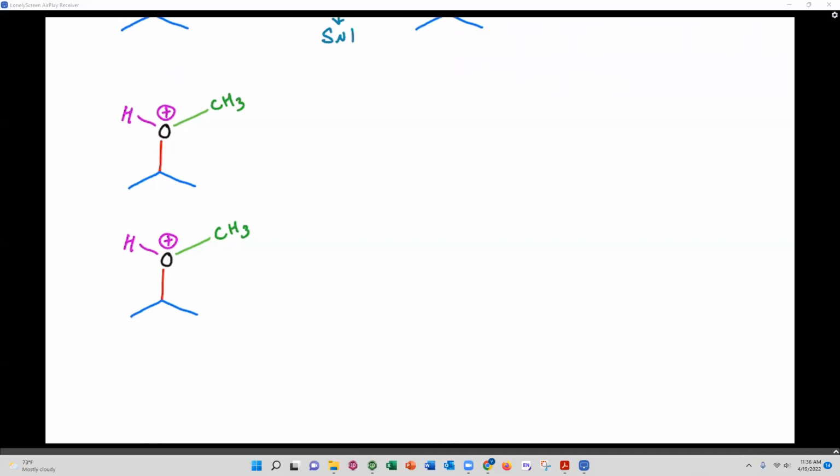So proposition one: my leaving group is going to leave, and it's going to be isopropanol, which means I'm going to form isopropanol plus, well, a methyl carbocation.